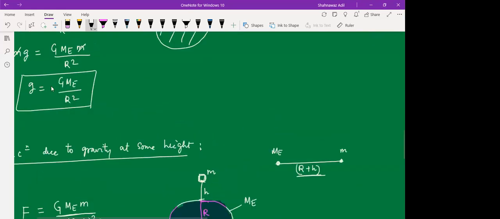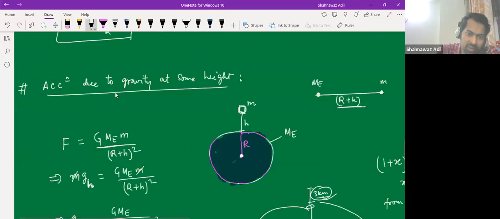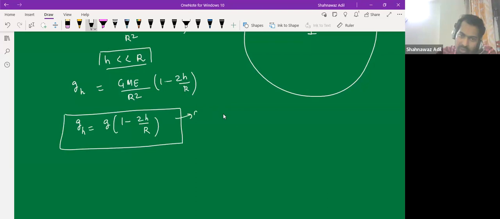So G M e by R square, what is that? That is small g. So gh would be g times (1 minus 2h by R). That is the acceleration due to gravity at some height h.